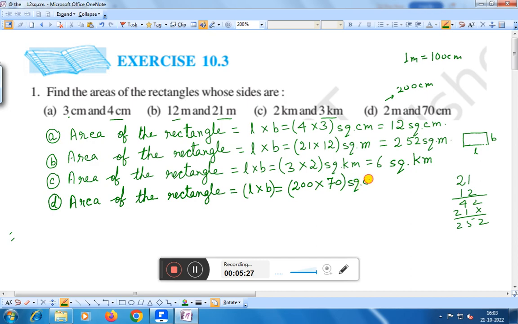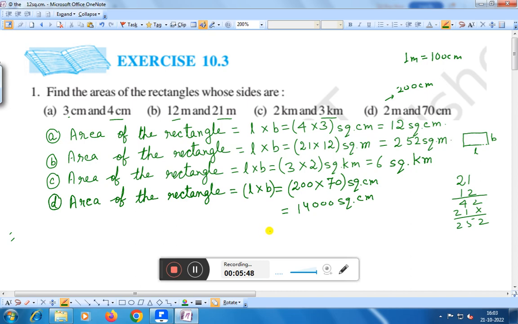Unit will be square centimeter. If we multiply 7 into 14, how many zeros? 1, 2, 3. So this is 14,000 square centimeter, right?